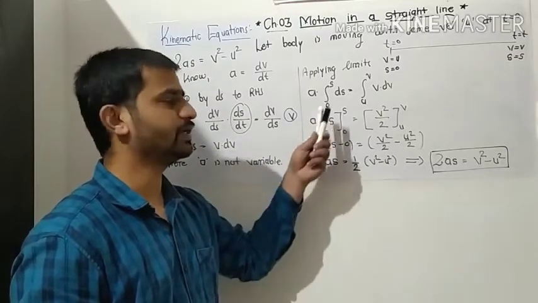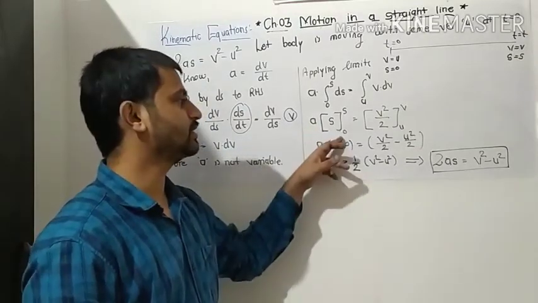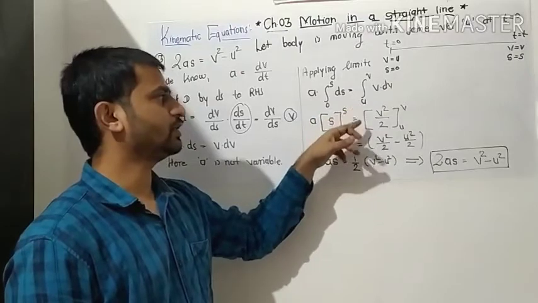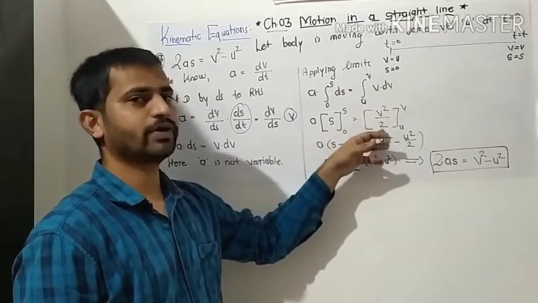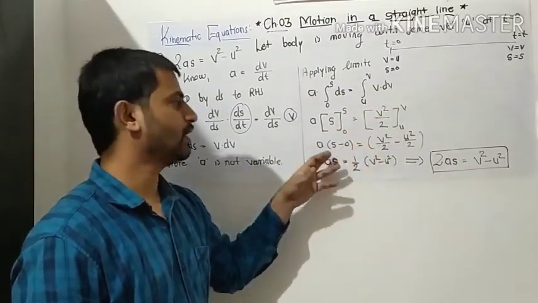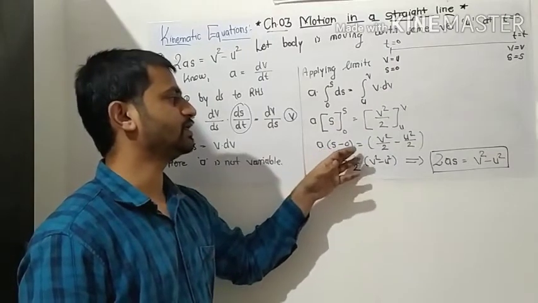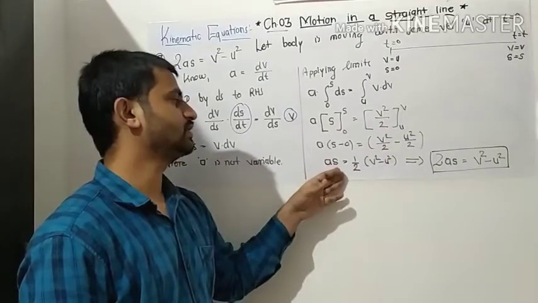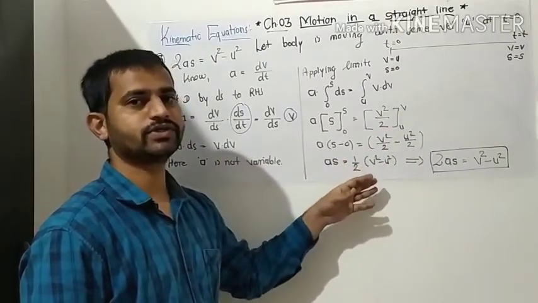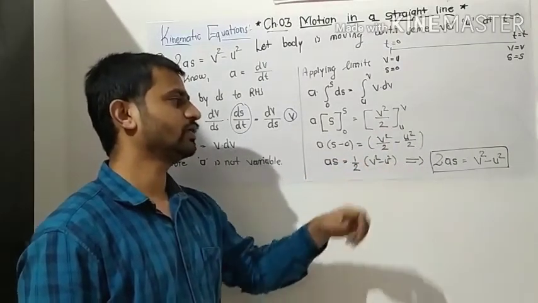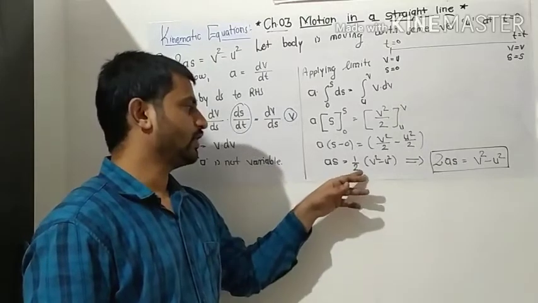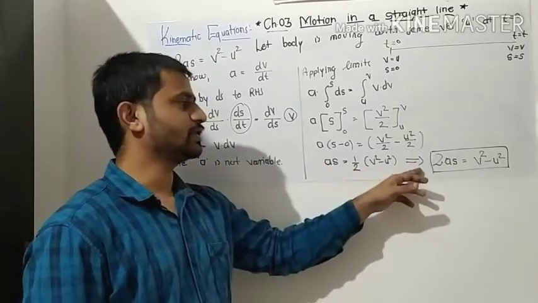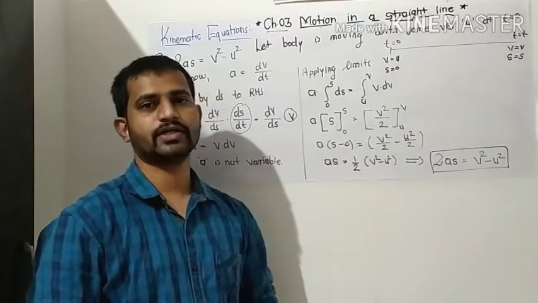The integration of ds is s, from 0 to s. For the RHS, it is v square by 2 from u to v. We get a into (s minus 0) is equal to v square by 2 minus u square by 2, so as is equal to 1/2 (v square minus u square). Taking this 2 across, our equation becomes twice as is equal to v square minus u square.